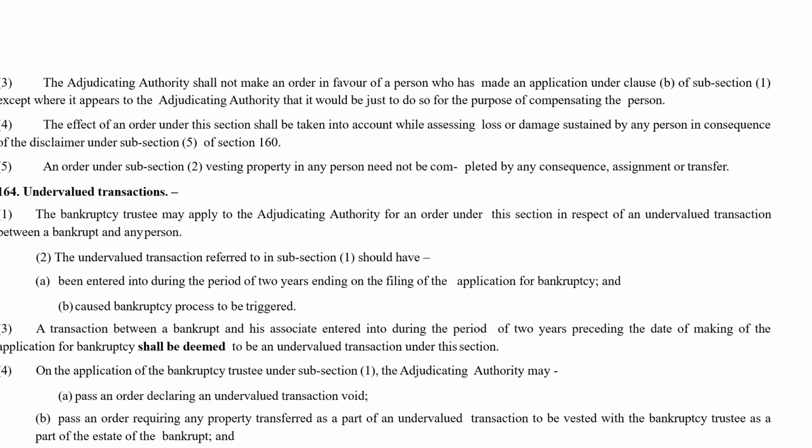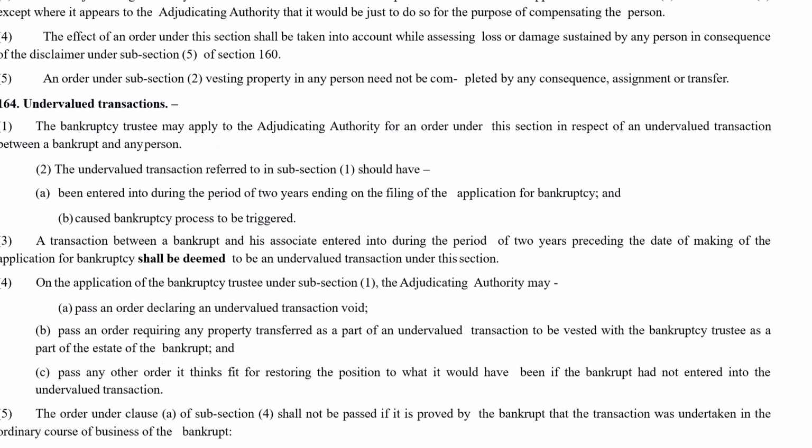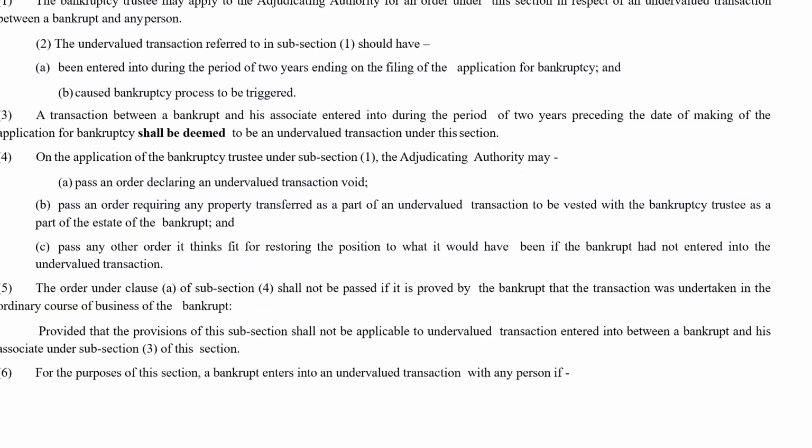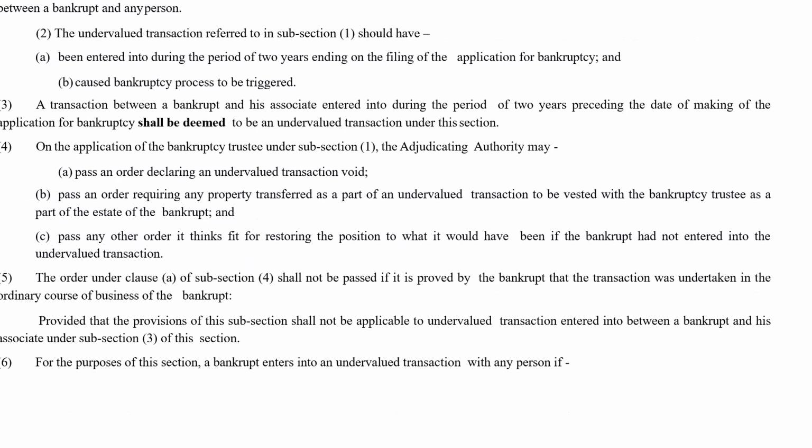On the application of the bankruptcy trustee under subsection 1, the adjudicating authority may pass an order declaring an undervalued transaction void, pass an order requiring any property transferred as a part of an undervalued transaction to be vested with the bankruptcy trustee as a part of the estate, and pass any such other orders if it thinks fit.